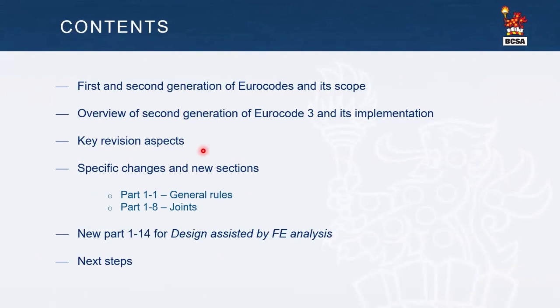I've included as well just a slide for the new part 1.14, which is for the design assisted by finite element analysis. I'll conclude by highlighting some of the next steps.